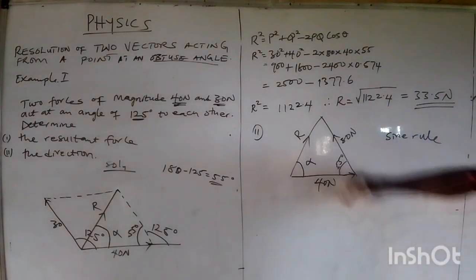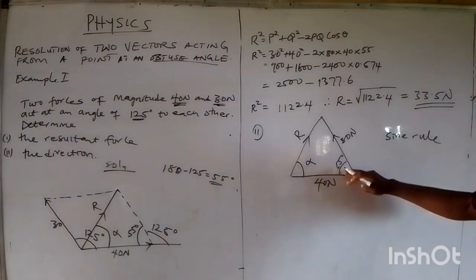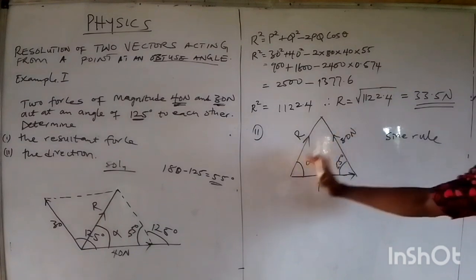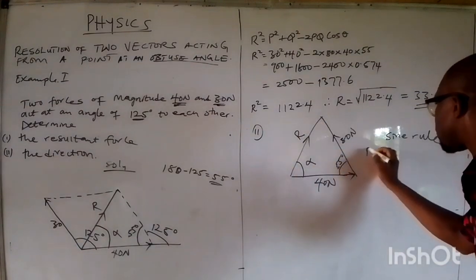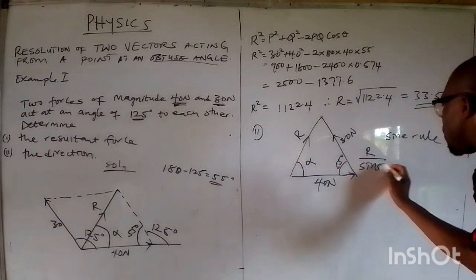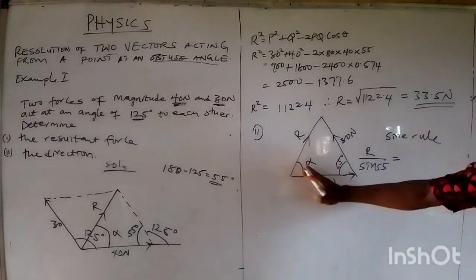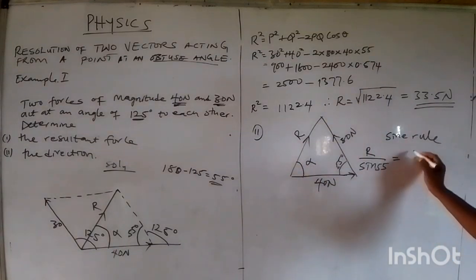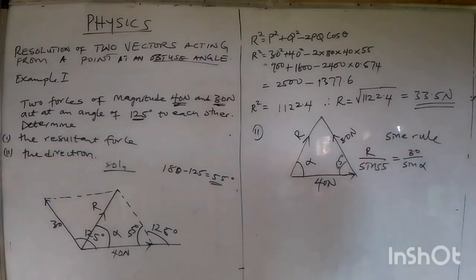So the sine rule says this side over the sine of whatever angle we have here is equal to this side all over the sine of the angle we have here. So this side is R. R over sine 55 is equal to this side over this, and of course, what we have here is alpha. We have 30 all over sine alpha.